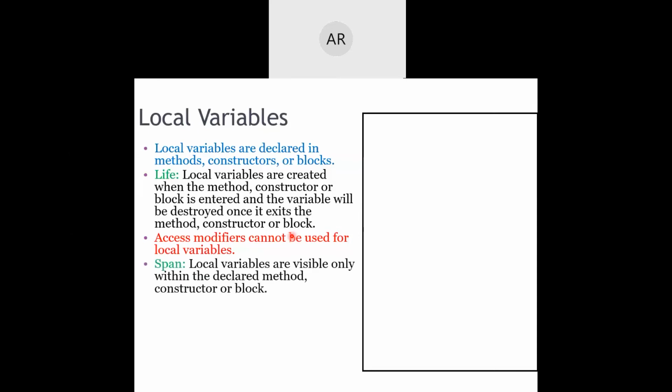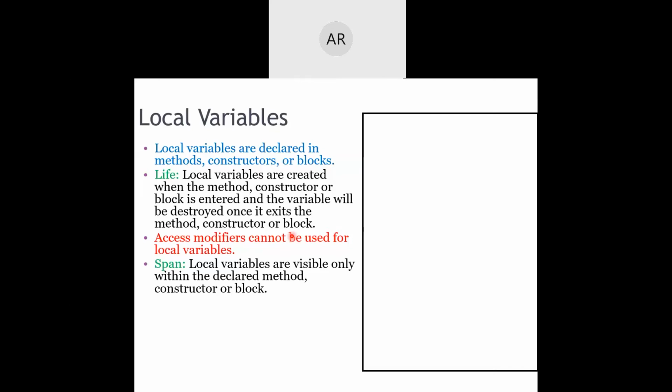Till where will the visibility of that variable be there, till where its value will be visible? Local variables are visible only in the block or the method or the constructor in which they have been created. They will not be visible outside of the method or outside of the constructor or outside of the block in which they have been created.